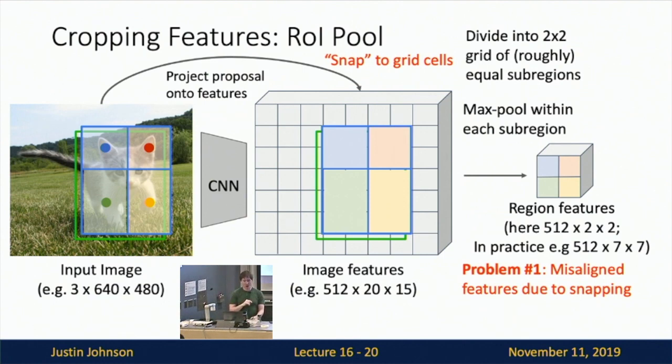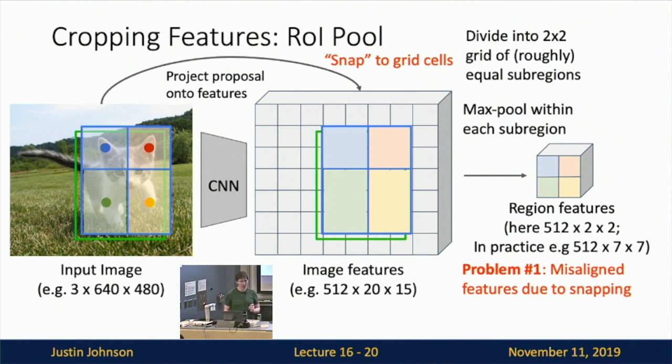The average position at which each of the features for the subregions is computed is the midpoint of these different colored subregions. Due to the effects of the snapping, the centers of the subregions in the input image end up pretty misaligned with the actual input bounding box that we originally wanted to work with. This misalignment is one big potential problem when we use this ROI pool operation.